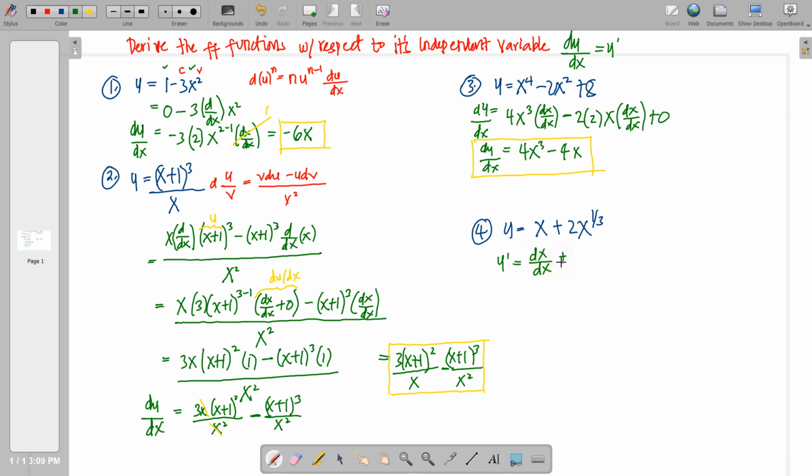So again, we have here a constant times a variable. We copy the constant, we derive the variable, and the variable is in terms of u raised to n. Okay, derivative of u raised to n is actually nu n minus 1 times du over dx.